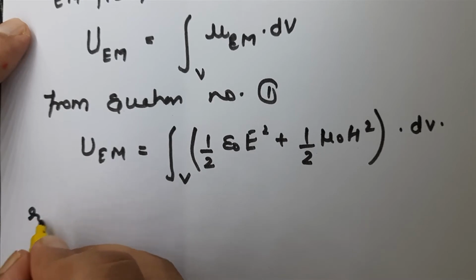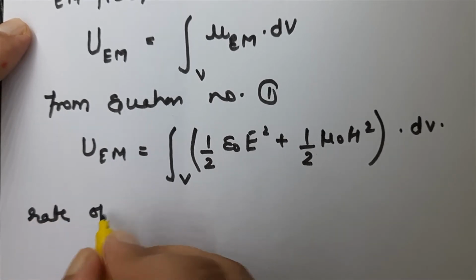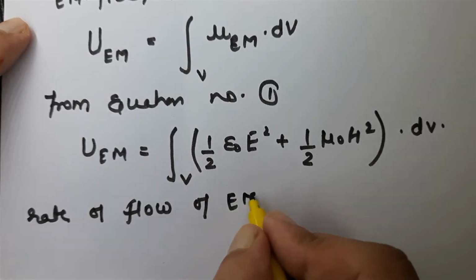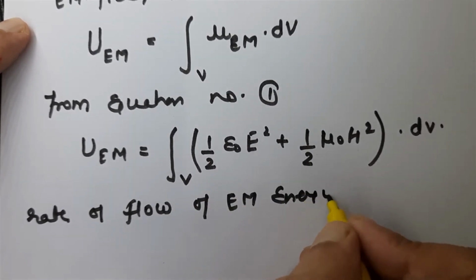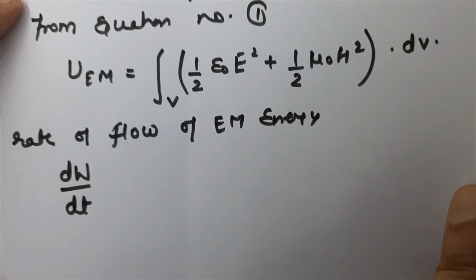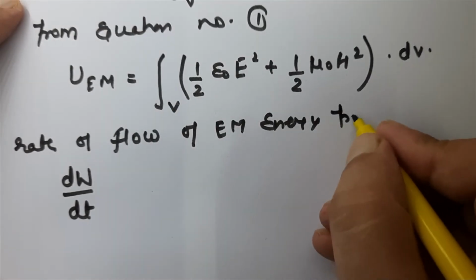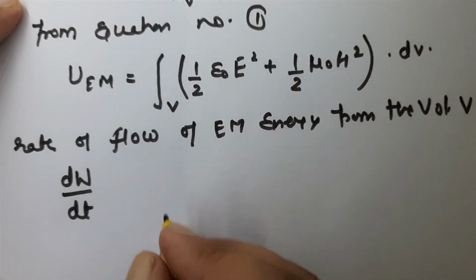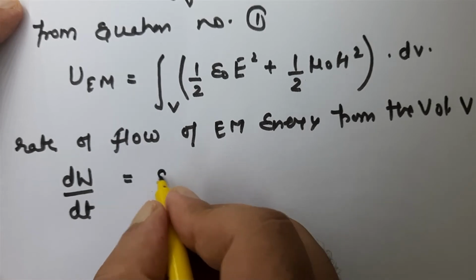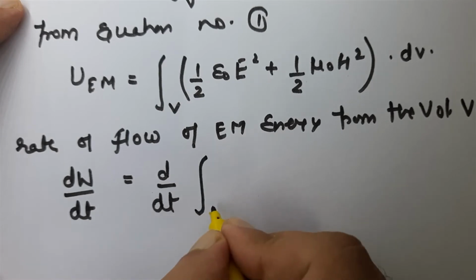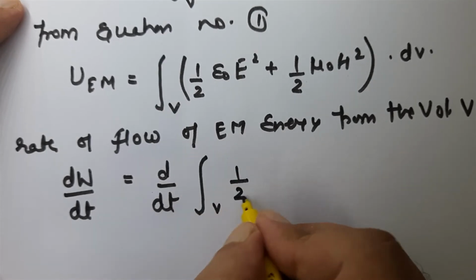So we can calculate the rate of flow of this energy. The rate of flow of this electromagnetic energy is simply given by dW by dt. This is rate of work done. So you can call it rate of work done or rate of flow of electromagnetic energy from whatever volume you have considered. So I will differentiate this equation on the right hand side, d by dt over any volume V, and the remaining term remains the same.